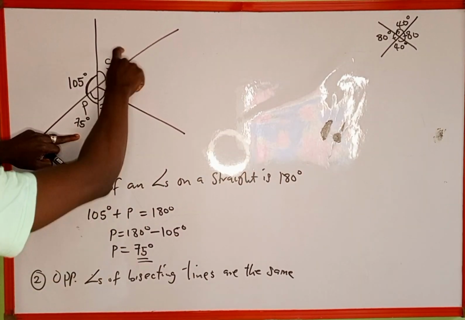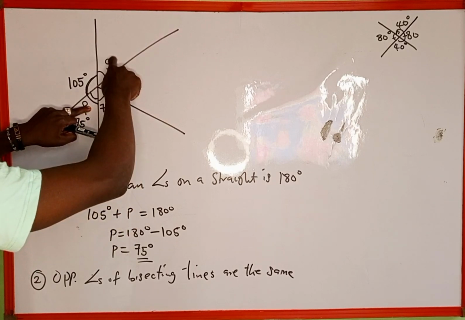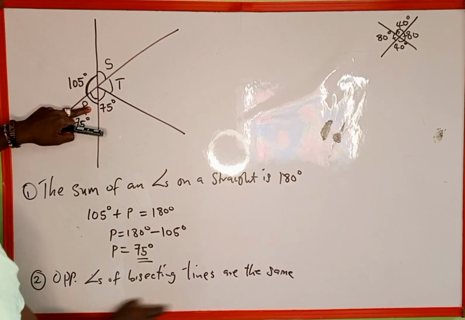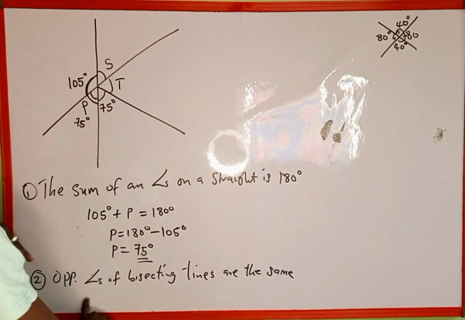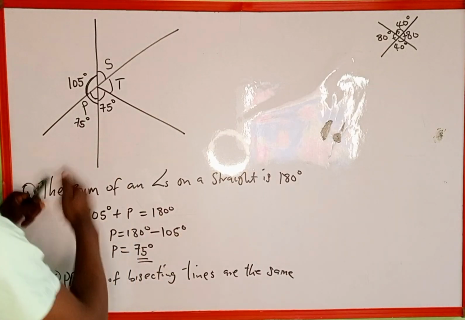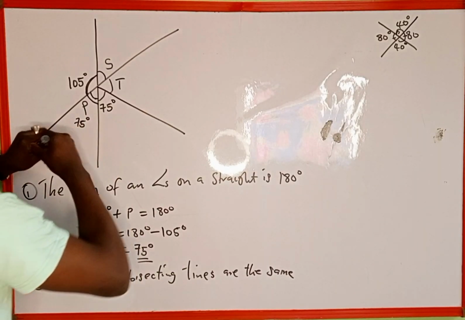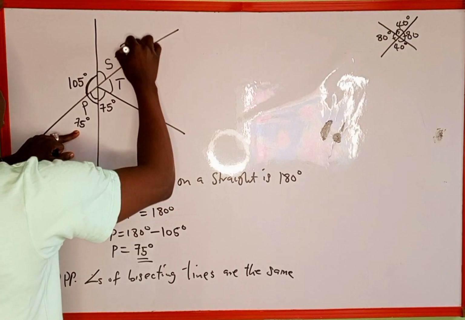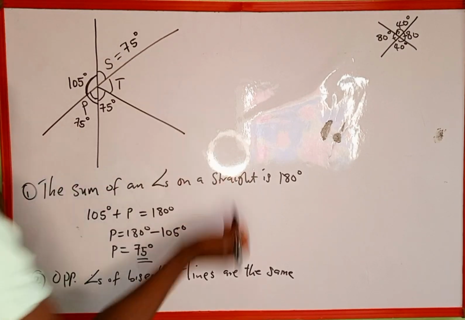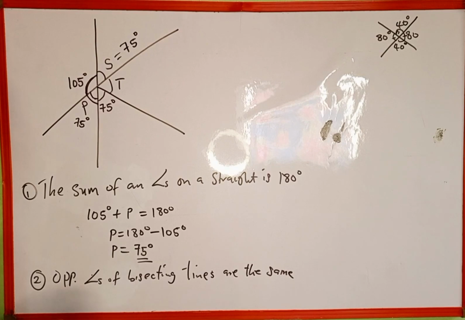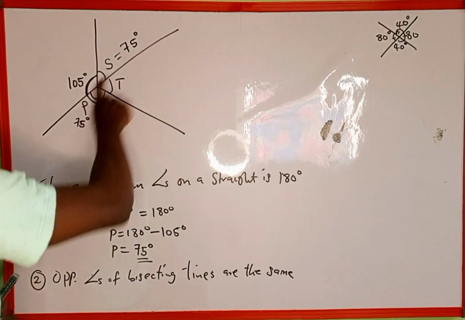That means this angle P is opposite to S, and the line is crossing. So we can apply this second theorem that opposite angles of bisecting lines are the same. That means if here is 75 degree, angle S here is the same as 75 degree. Using this second theorem, now we have solved for P and S.